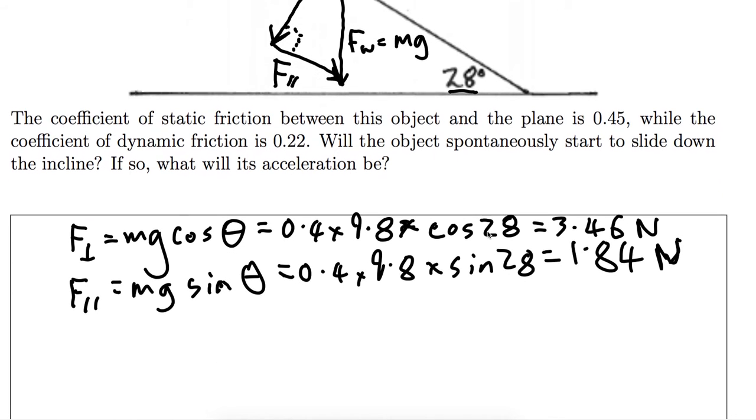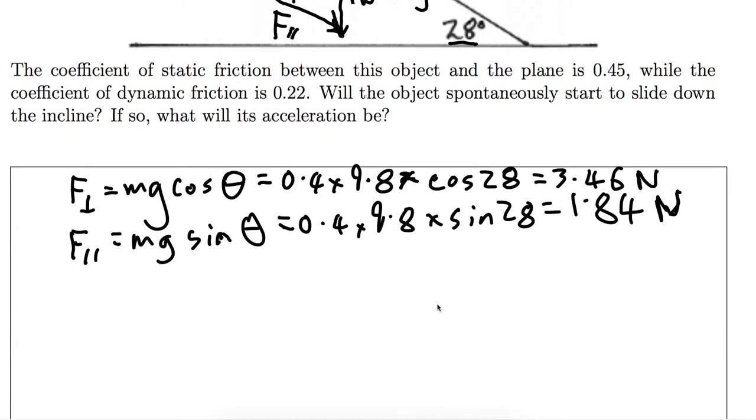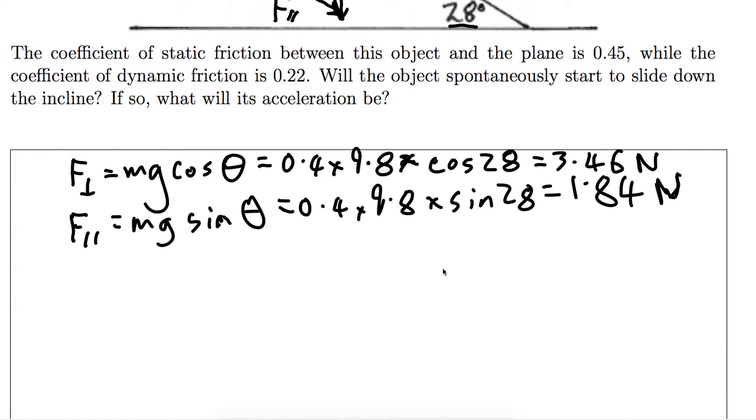We need to figure out whether it's enough to overcome the static force of friction. We studied friction in the strange case of Cassie's burnout last week, or maybe earlier this week. But we're going to figure out whether this force is sufficient to overcome the friction. And for that, because it's not moving, we use the coefficient of static friction.